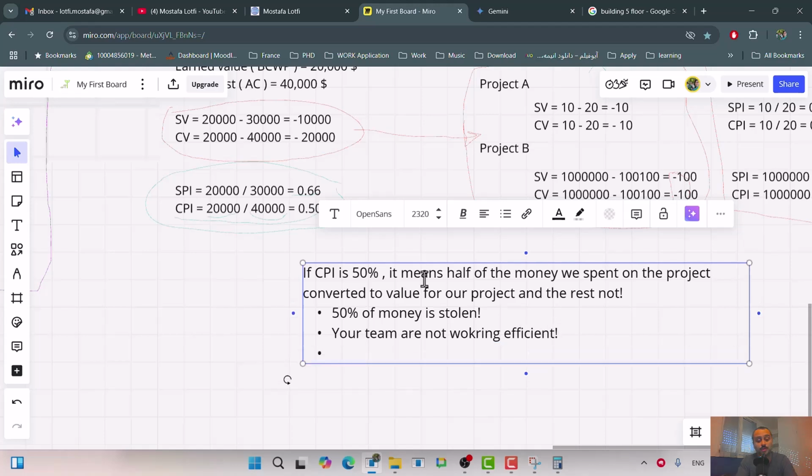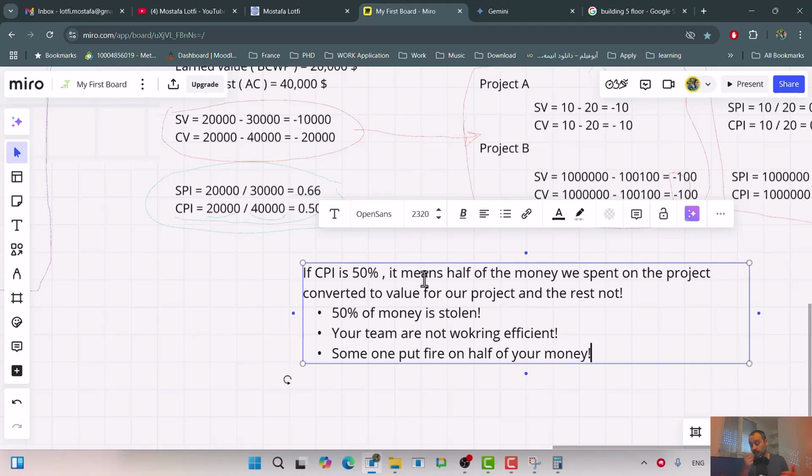It can also happen that your plan was to spend 10,000 for each floor, but in reality you spent 20,000 for each floor. It can also be that someone put fire on half of your money.